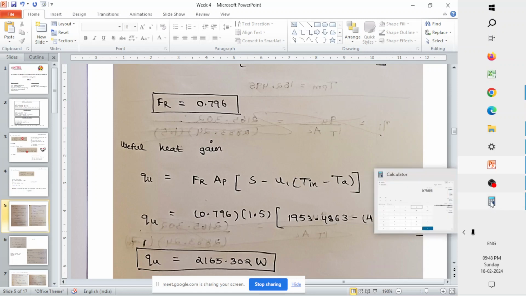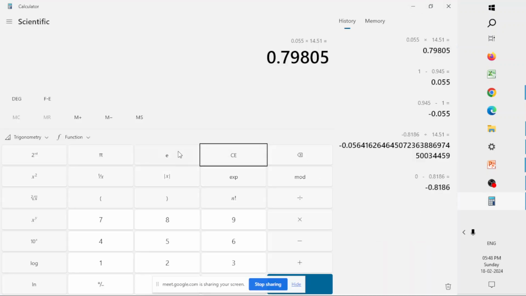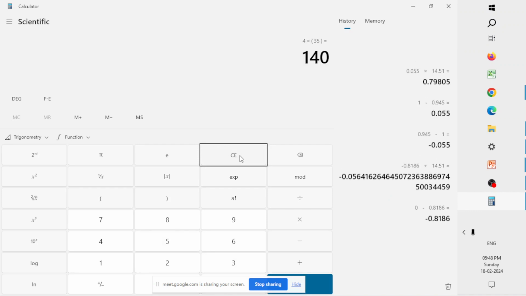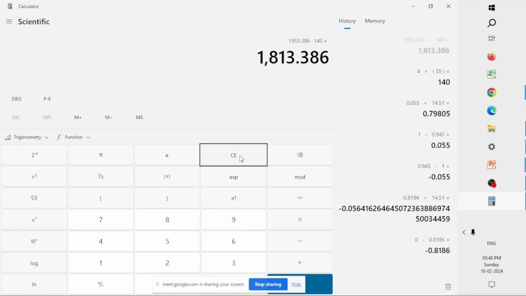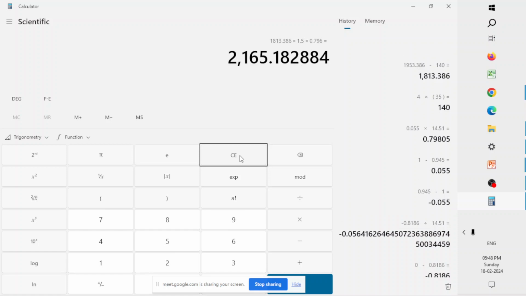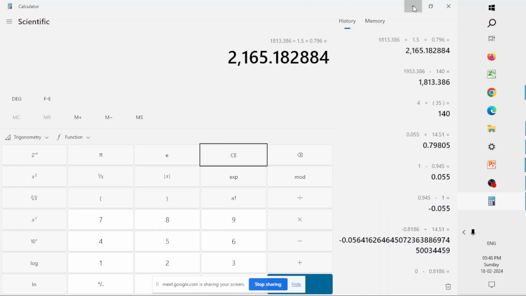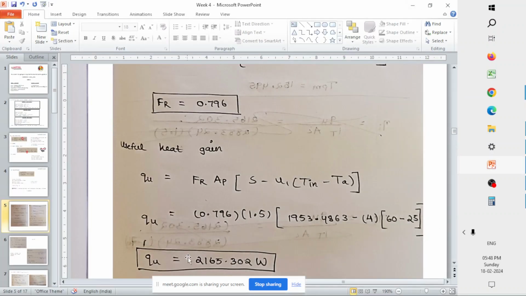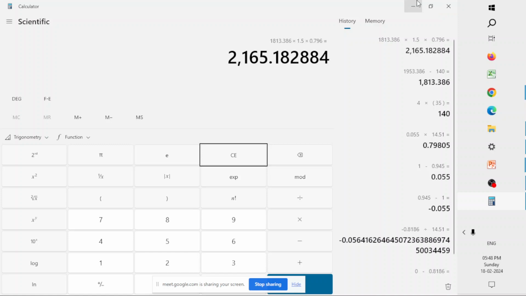If we want, let's just calculate this also. 4 into 35, 140, and 1953.386 minus 140, this into 1.5 into 0.796, somewhere around 2165.302 watts. That's what we got here.